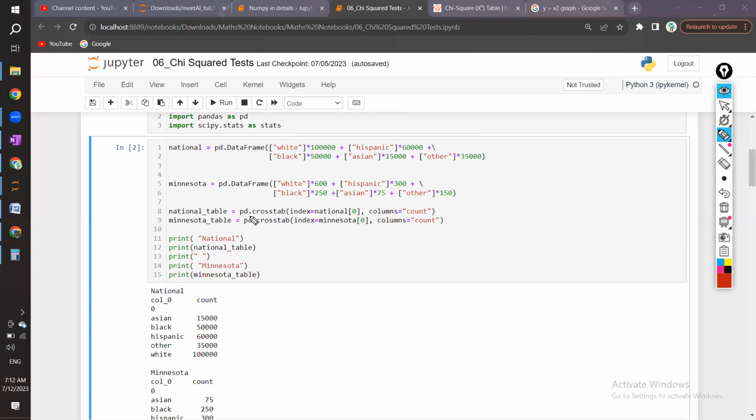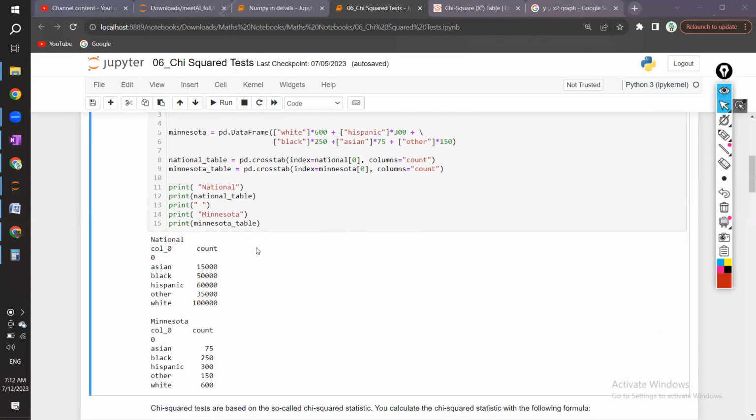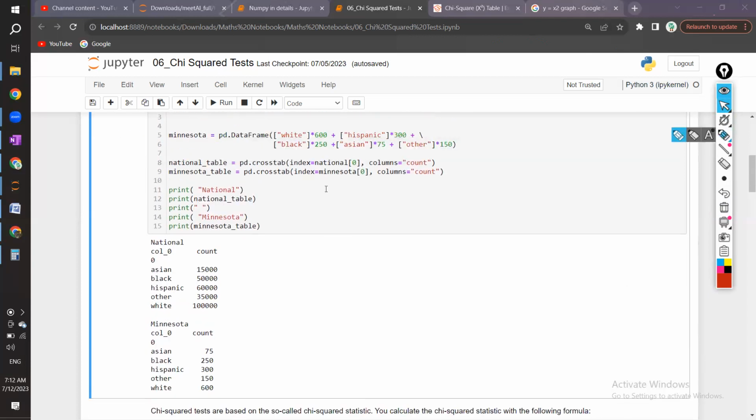Now, as I said, you need to create the crosstab tables for both of those. How does this crosstab look? These are the races and their counts for the national, and for the sample or state, the races and their corresponding counts.